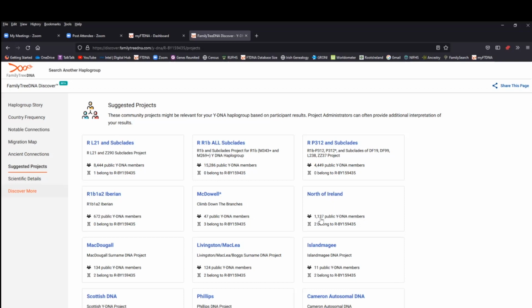But we have, at the moment, apparently 1,137 people who have done a Y test that have made their result public. Now, we have, I think, about 2,500 people who have done Y. So that must mean that some people aren't sharing their results within the project. So again, you can get information on the scope of things from that as well. It's just putting things in a slightly different way.